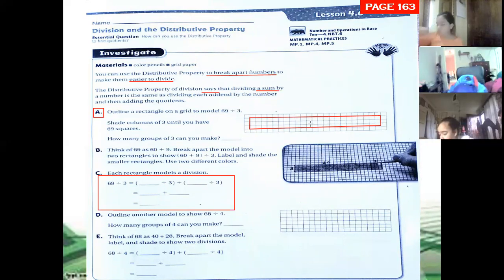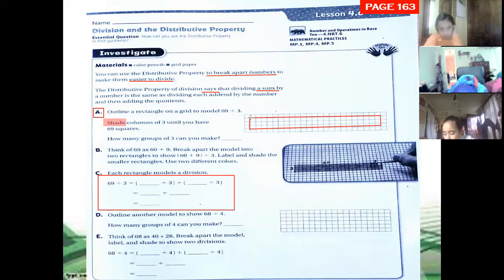Now, that's the letter A. We outline a rectangle on a grid to model 69 divided by 3. Then shade, color. Shade columns of 3 until you have 69 squares. Okay.